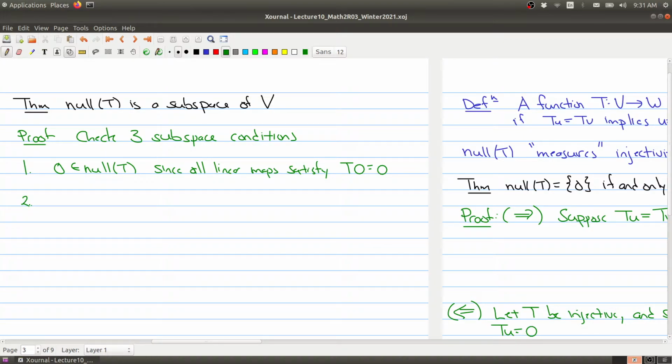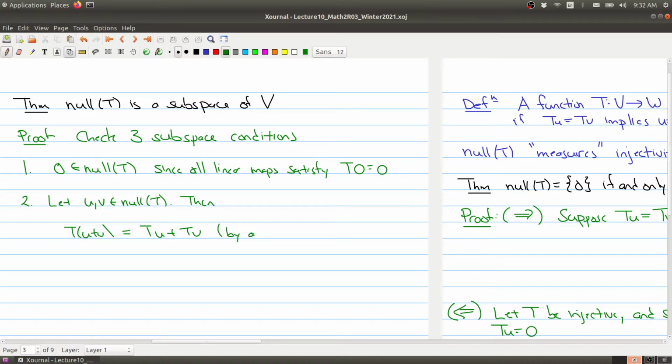Now, second, what else do we know? Well, if we take 2 vectors u and v in the null space of T, we want to show that the sum of these 2 vectors is also in the null space. If I look at what happens when I plug u plus v into my linear transformation, by the additivity property of a linear map, we can break this up.